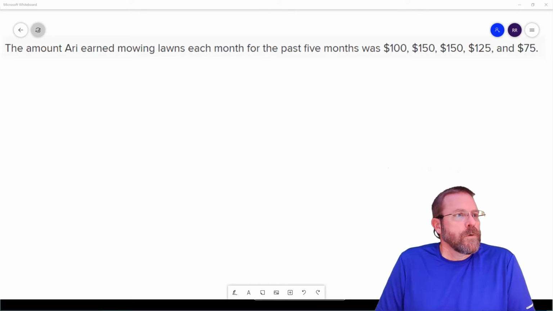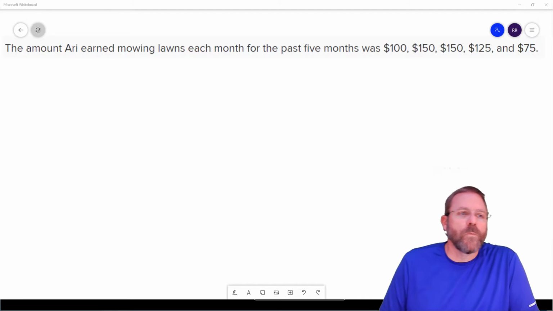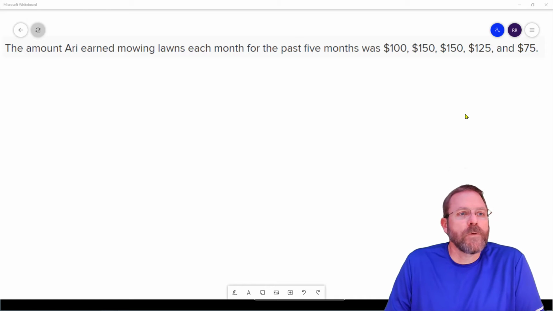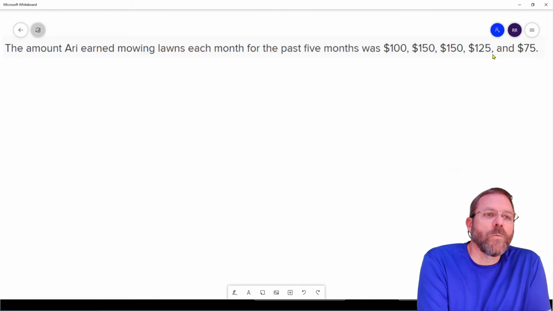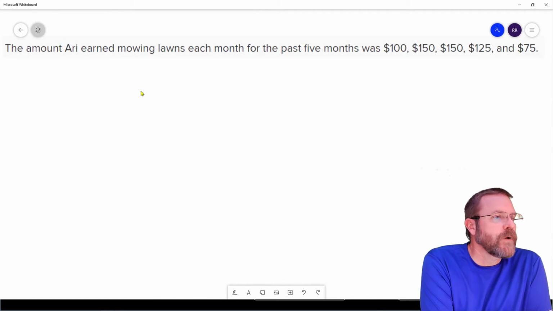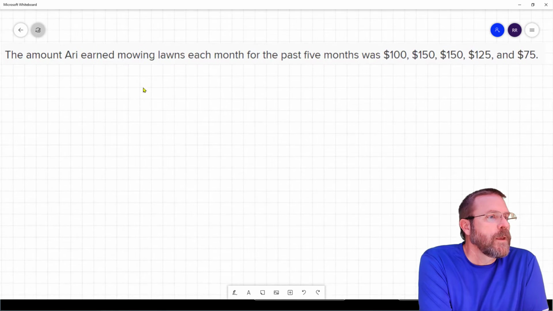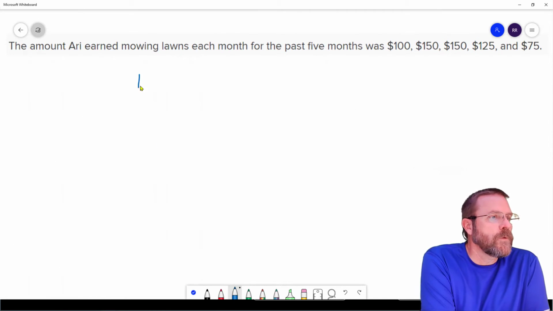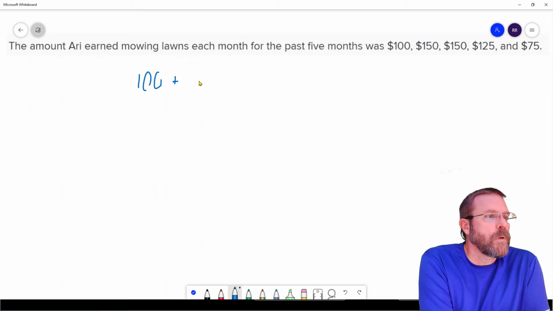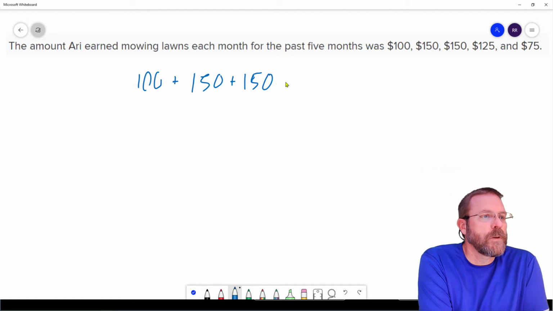The amount Ari earned mowing lawns each month for the past 5 months was $100, $150, $150 again, $125, and $75. So to find the mean, we're going to add those values up. 100 plus 150 plus 150 plus 125 plus 75.